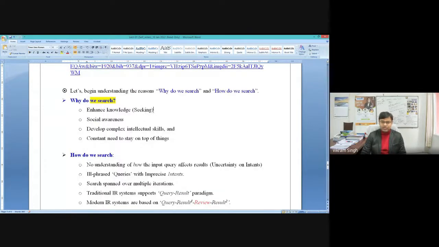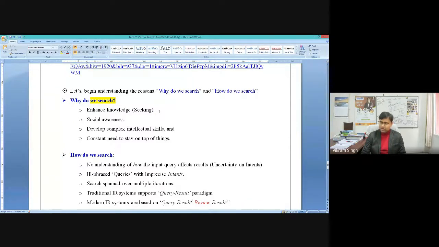Naturally, you will have some other understanding of it, some other points of view, particularly. So the first objective, or the first need, of the search process, of conducting search, is to enhance knowledge, right? If you are not aware of something, you will naturally look for these information objects, these data objects.